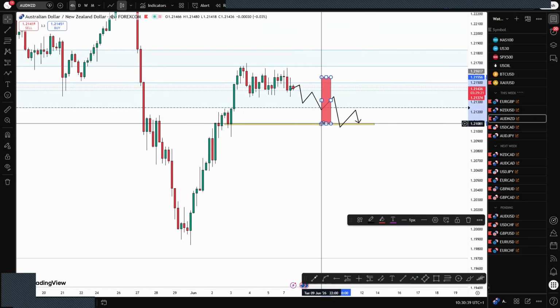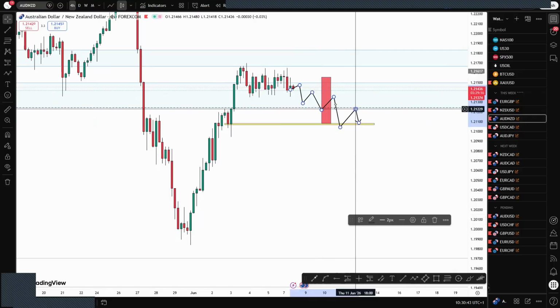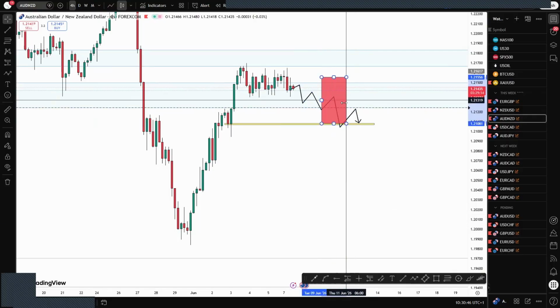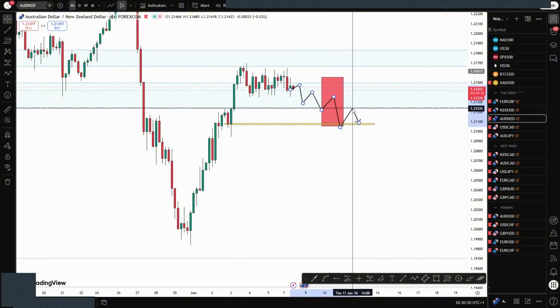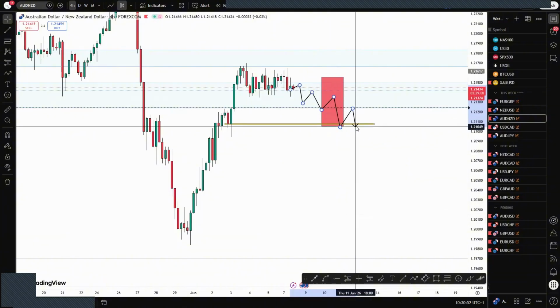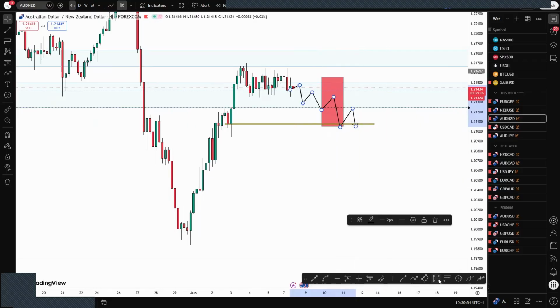Because when we get that daily break, we can have the daily pullback around this point, giving us this retest on the 4 hour time frame. Then price can continue selling. Yeah.